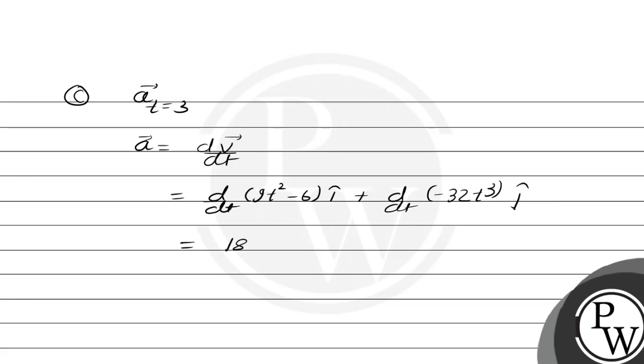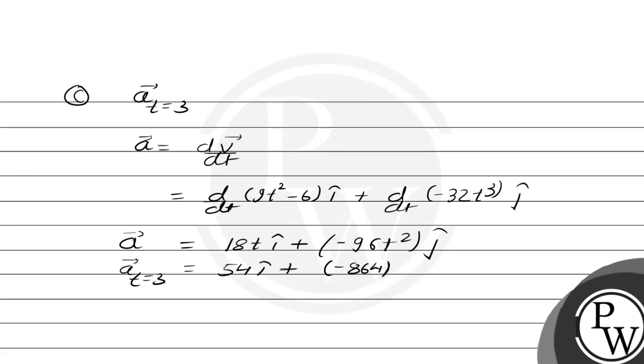This will be 18t, and differentiation of this minus 6 will be 0. This is i cap plus differentiation of minus 32t raised to the power 3. This will be minus 96t² j cap. Now substituting the value of t as 3, this will be 54 i cap plus minus 864 j cap, and this is the answer of part C of this question.